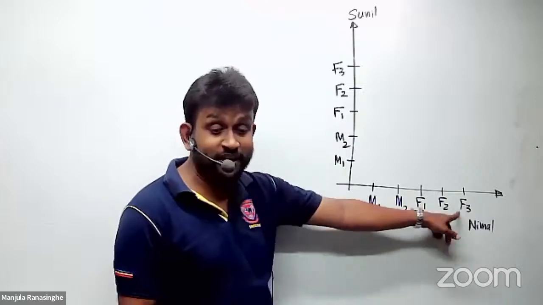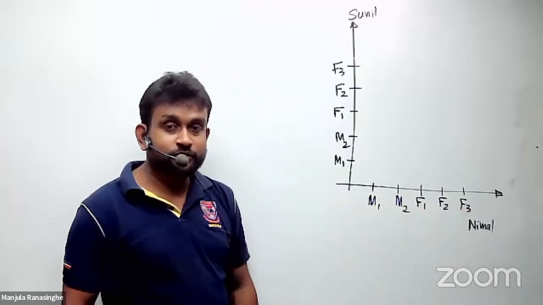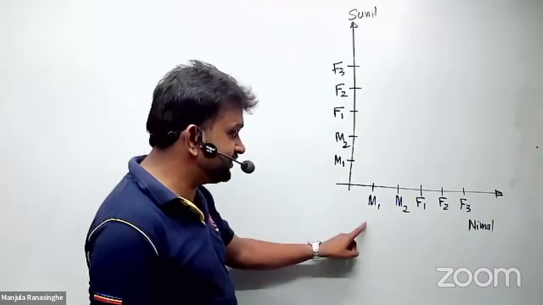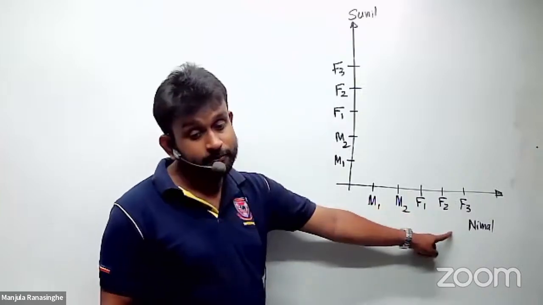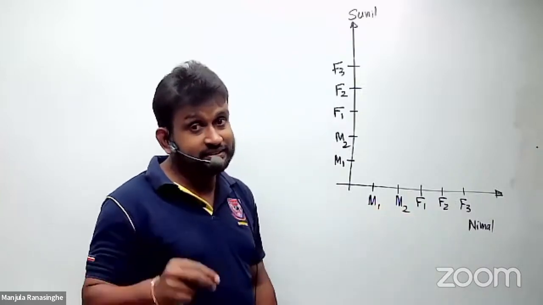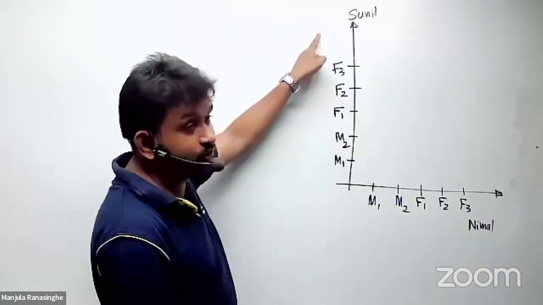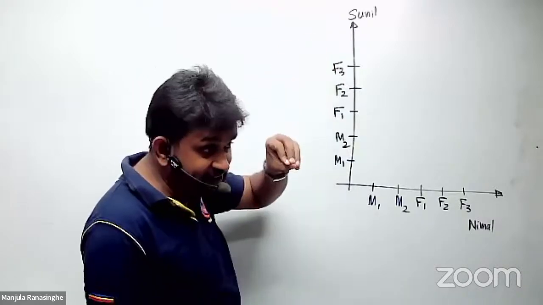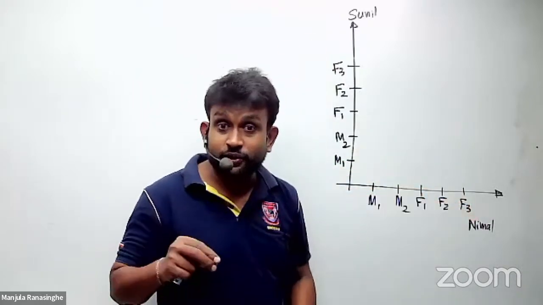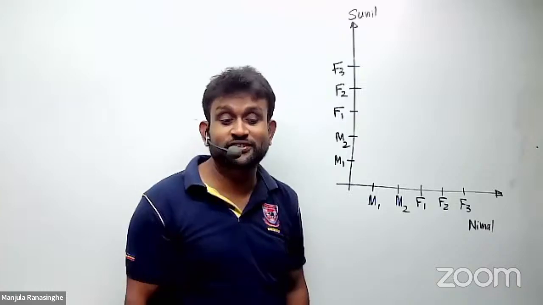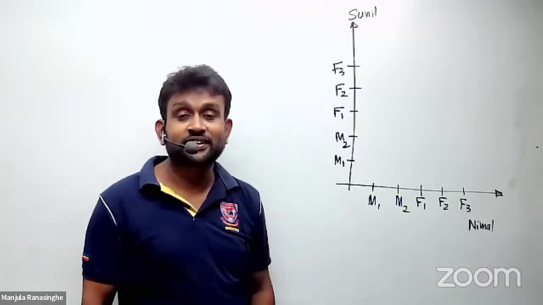Similarly think that we have named M1 and M2 for the male animals and F1, F2, F3. Right. So now if we select M1 for Nimal, that means the same animal is not available for Sunil, right? If M1 is taken by Nimal, M1 is not available for Sunil. So that is the understanding.